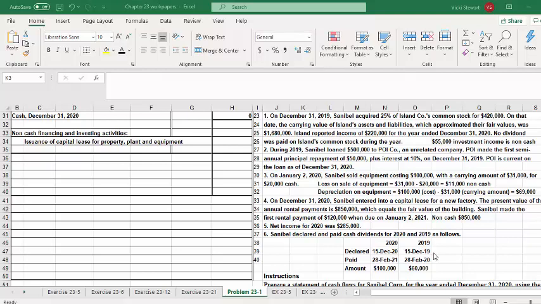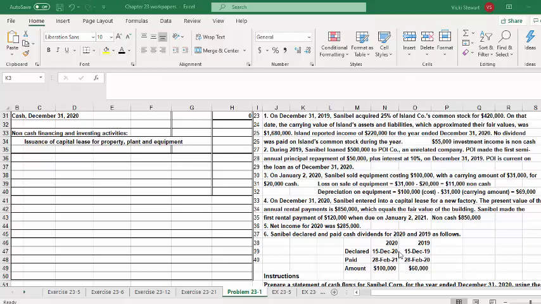So if you notice, the dividends that were declared for 19 were declared in 19, but they weren't paid until February 28th of 2020. So these are the dividends that we would actually need to subtract or show in the statement of cash flows, because these are the ones that were paid in 2020.